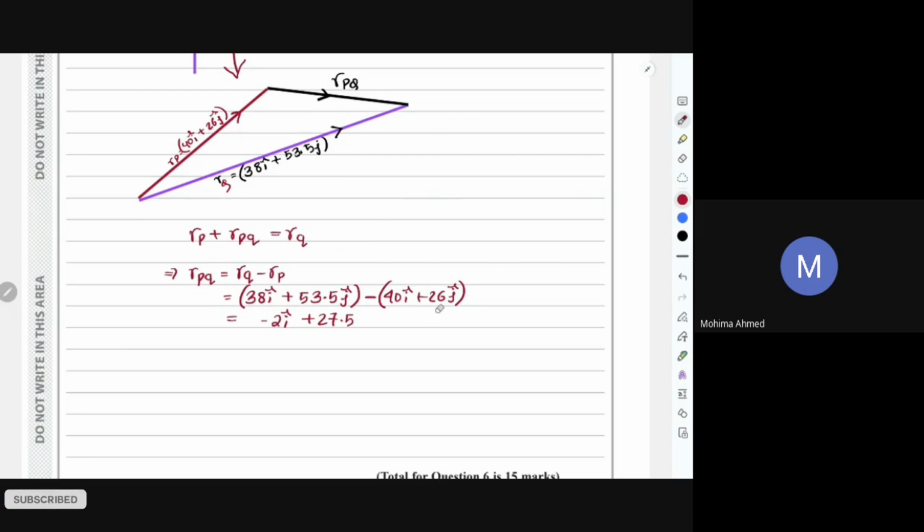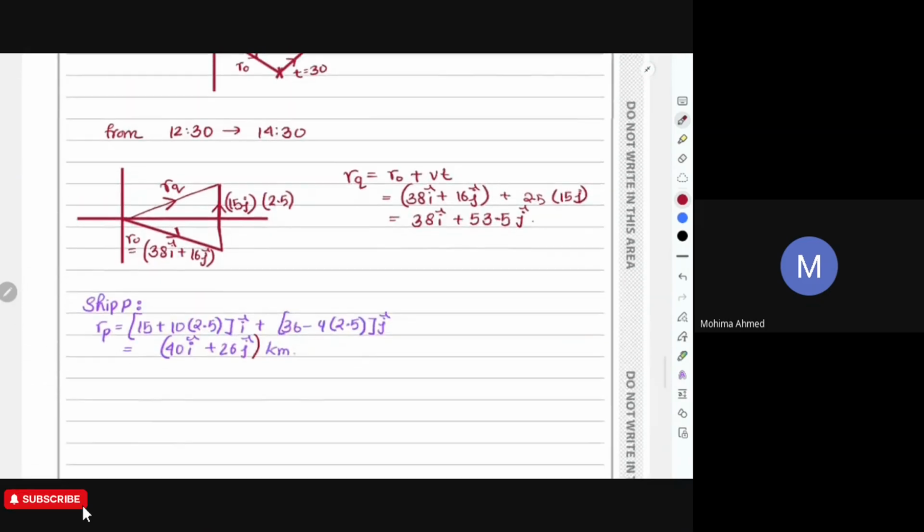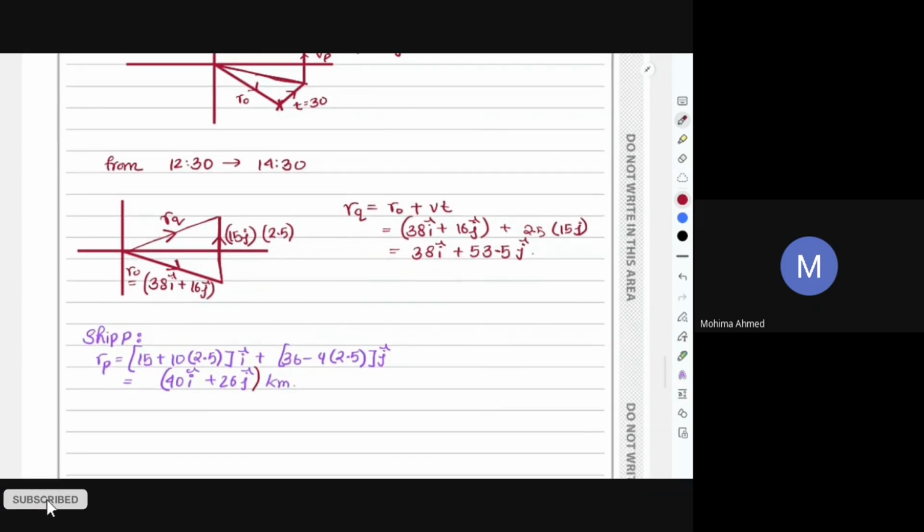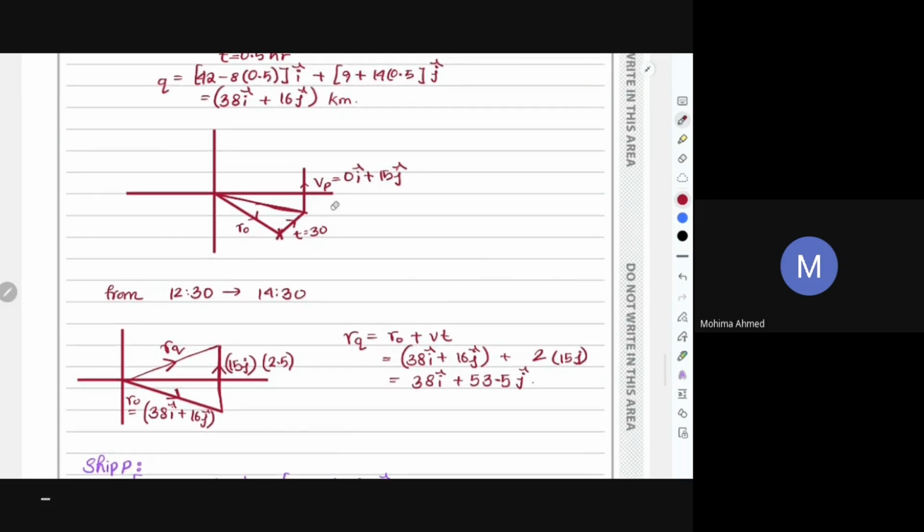Wait 1 minute. Over here, you have to understand this one, right? We're starting from 12:30 to 2:30, which is actually 2 hours here, not 2.5 hours, because 30 minutes was already passed in reaching this new position vector.